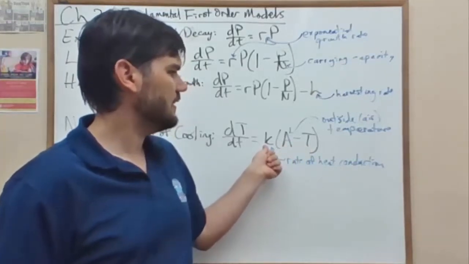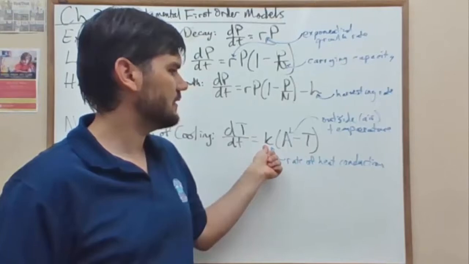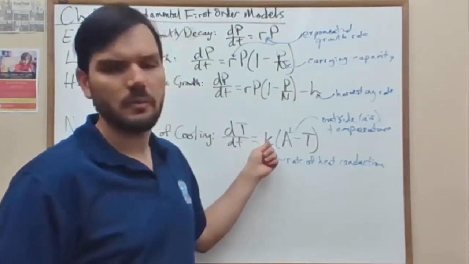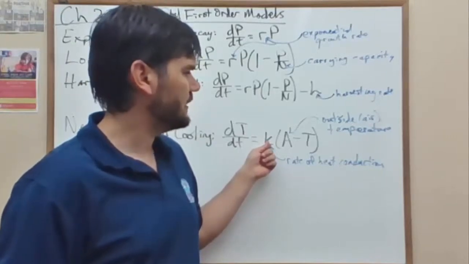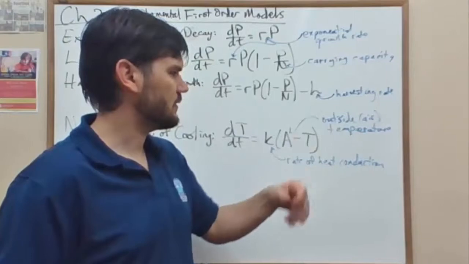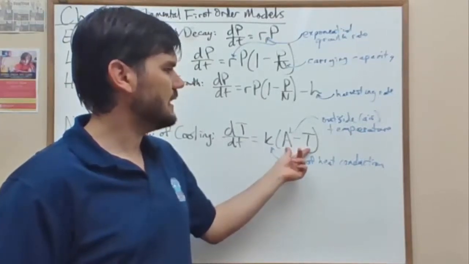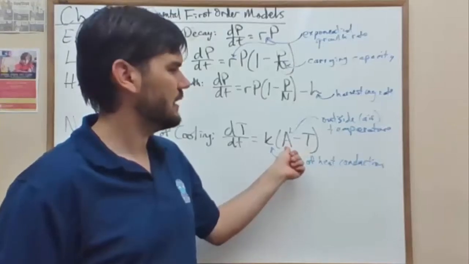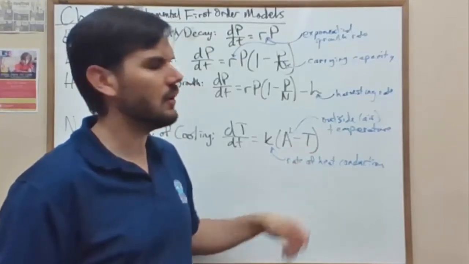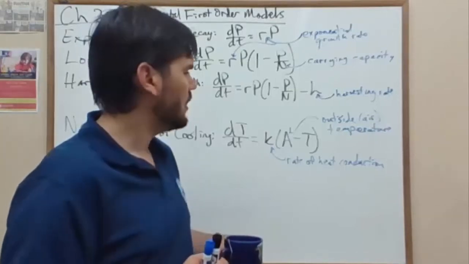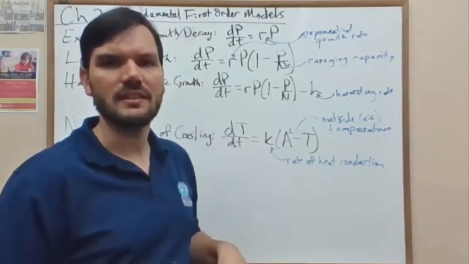The conductivity, rate of heat conduction between the water and the air is going to be a positive quantity here, relates how rapidly the heat will transfer. But we can easily see that this A minus T will give us a negative. Air temperature is less than the temperature of the water, which means the temperature T of the water will decrease. The rate of change is negative.